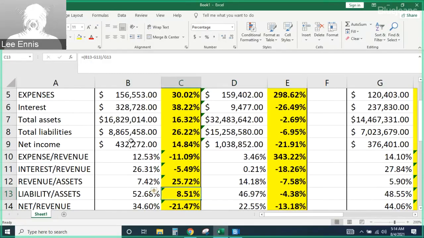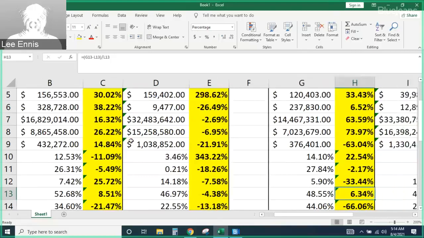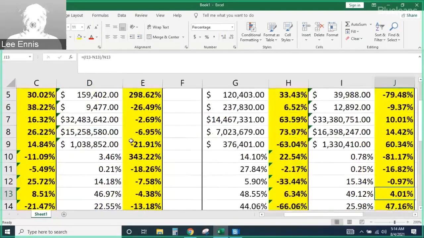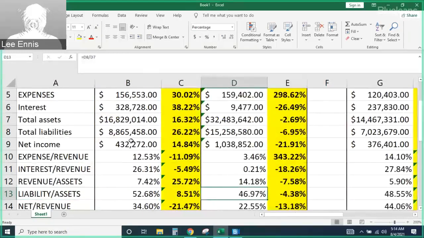All right, liability over assets. Again, the smaller the number, the better. We see that we had an increase in 2021 for MPW, increase in 2020 for MPW, increase for Welltower as well in 2020, but then another drop. 48 in 2020 versus 49, I'm going to call that a wash, but again, Welltower is just a little better in that regard.